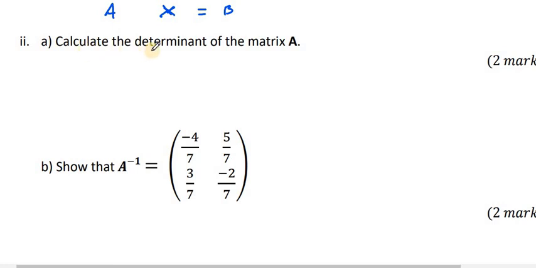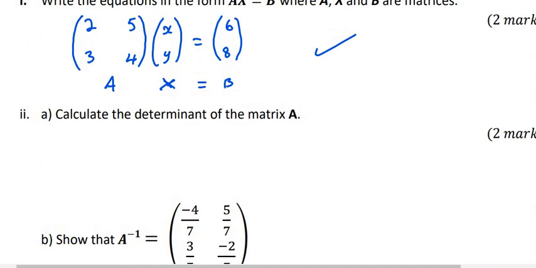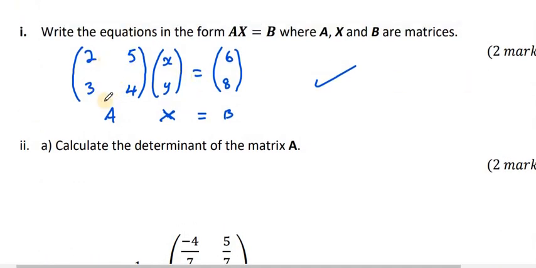Now we are asked to calculate the determinant of matrix A. And how do you calculate the determinant of a matrix? Well, this is matrix A. We want to find its determinant. So we write the symbol, these two poles at either side of the capital letter A, which really says the determinant of matrix A. And it's equal to, we multiply 2 by 4, or 2 times 4, minus 5 times 3.